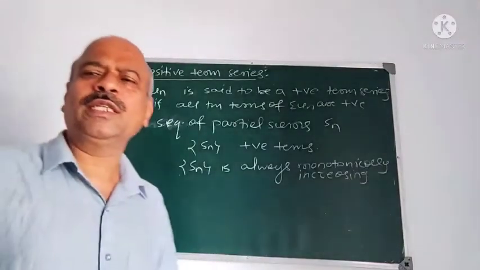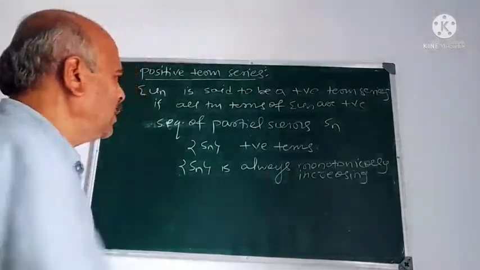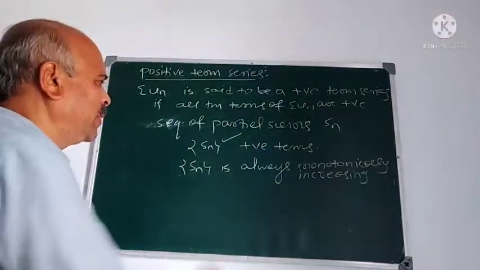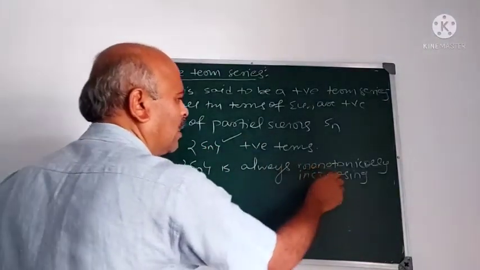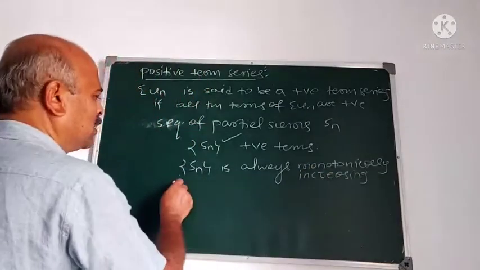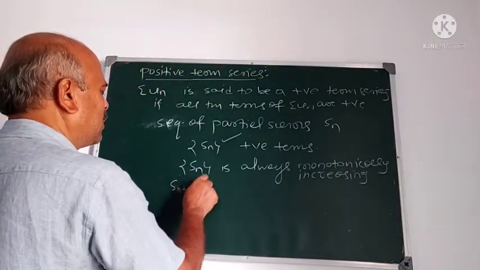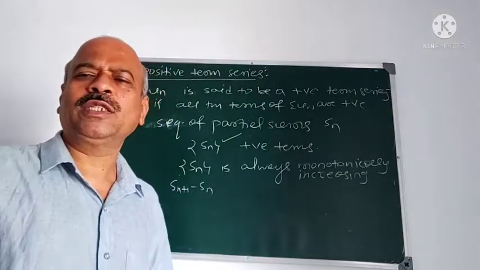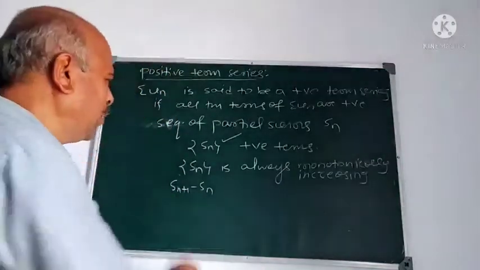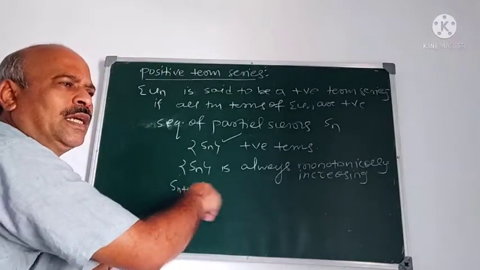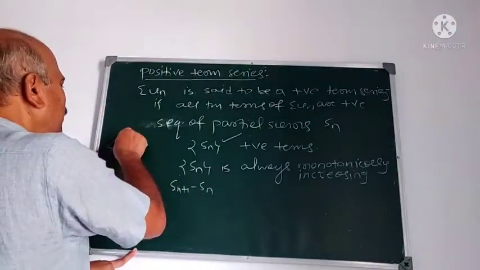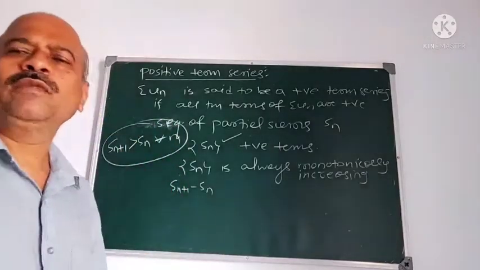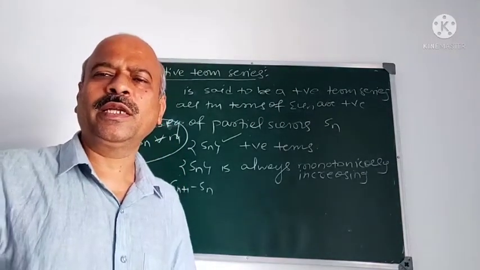Suppose sigma un is a series of positive terms, then the sequence Sn of partial sums is always monotonically increasing. This is because take Sn plus 1 minus Sn. When do you say that a sequence is monotonically increasing? If Sn plus 1 minus Sn is greater than 0, that is Sn plus 1 is greater than Sn for all n, then we say that the sequence Sn is monotonically increasing.